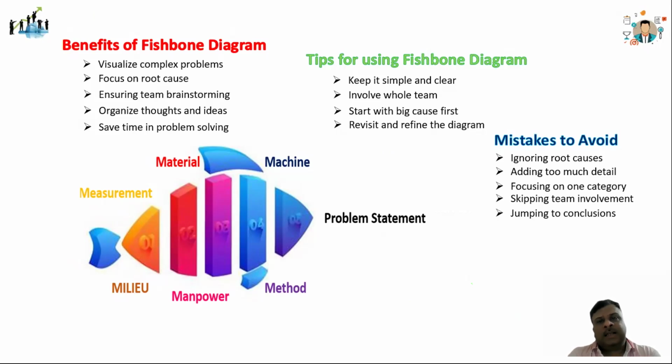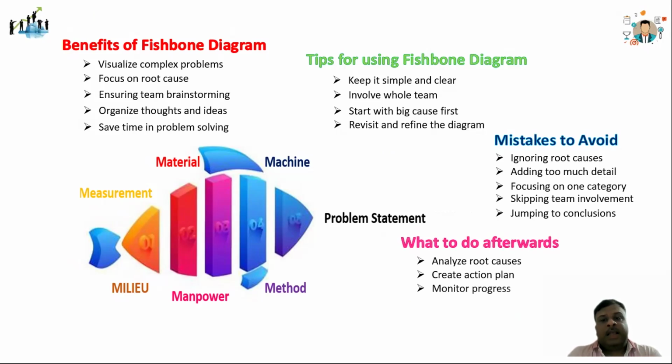Now, as we have created the diagram and plotted the branches, our next step is to analyze the root cause, create an action plan for the root causes, keep monitoring the progress, document lessons and learnings, and review it periodically.